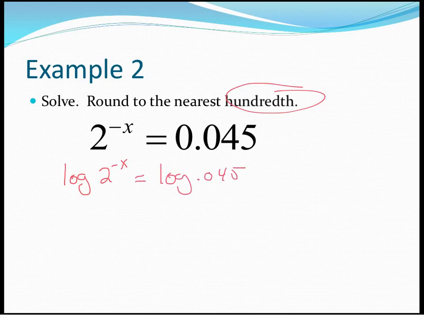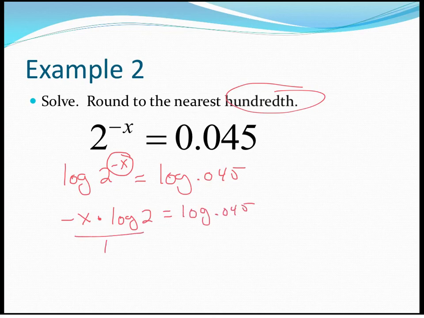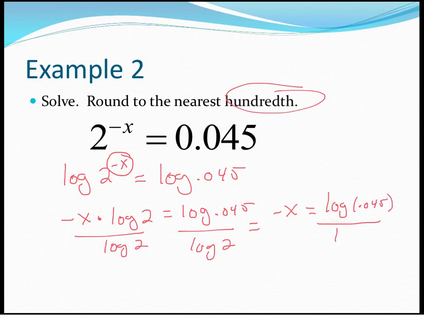Our power property says I can take this negative x and it's going to get multiplied by the log of 2. And then I'm going to divide by log of 2. And that's going to give negative x equal to log of 0.045 divided by log of 2.